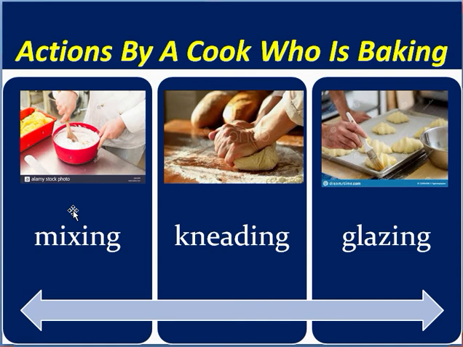They are mixed by a baker. So the mixing, then the kneading, and then glazing. And sometimes if there is a cake, you need to decorate. So decorating is also performed by a baker or a cook.